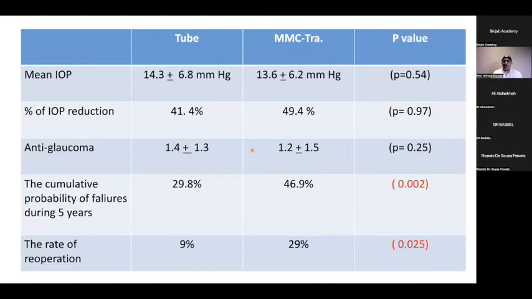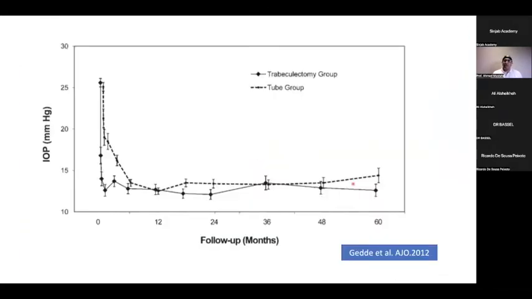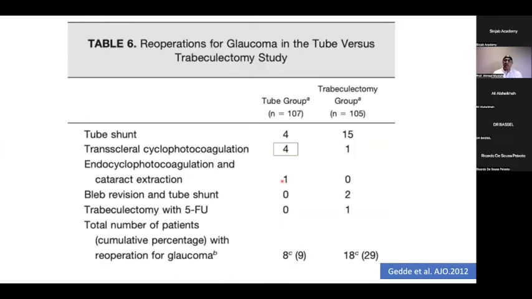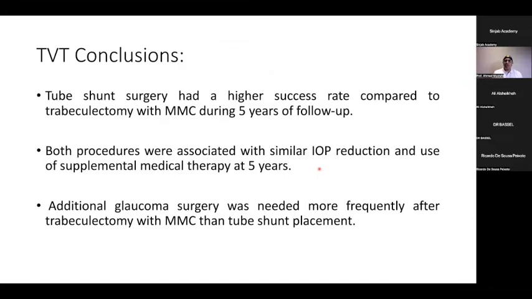It was very interesting that the reduction of the intraocular pressure was comparable in both groups at the 5-year follow-up, but the probability of failure was higher in the trabeculectomy group. So the trabeculectomy cases required more secondary intervention to reach the desired outcome. This was the message. Yes, the end result of the pressure is almost the same, but the number of interventions, including placement of glaucoma drainage devices following the trabeculectomy, was higher in the trabeculectomy group.